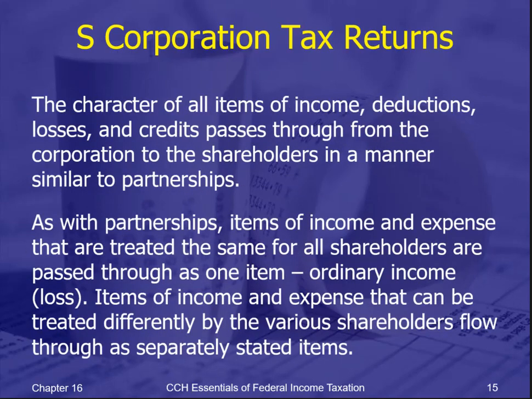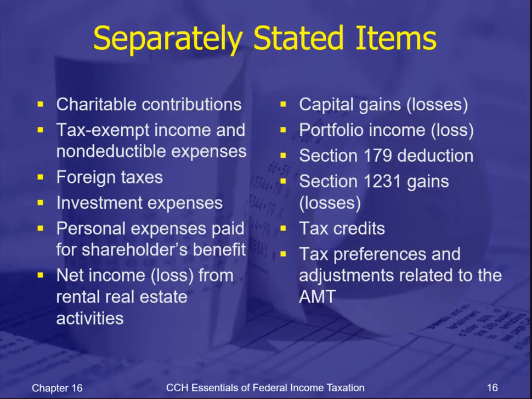Everything passes through the same way as a partnership, very much the same way. There is ordinary income, the regular business income, and then there are all the separately stated items, just like a partnership. The list looks familiar, same idea, passes through so that each of the shareholders can report them on their 1040 form as appropriate.